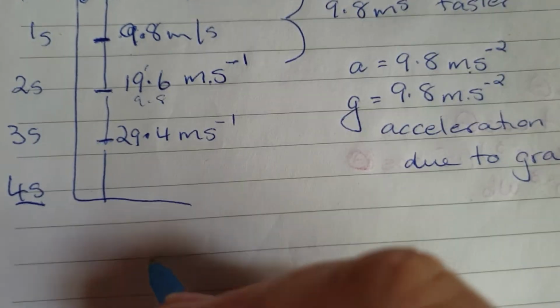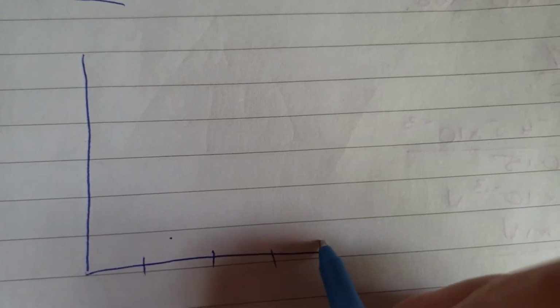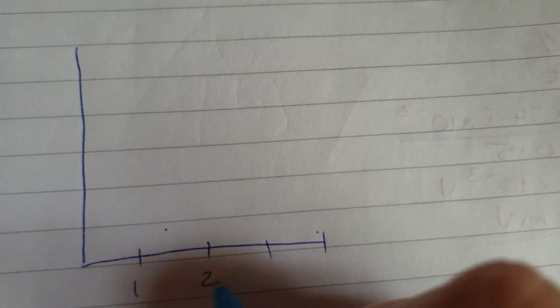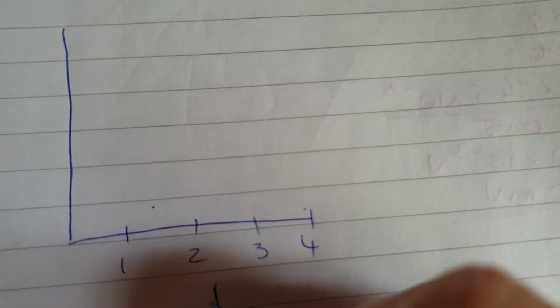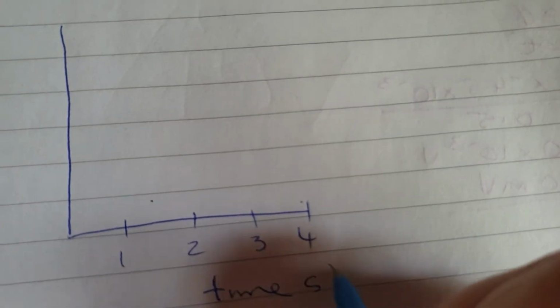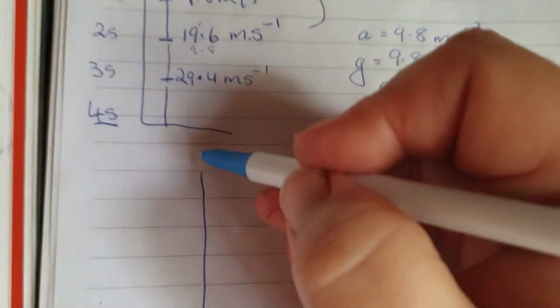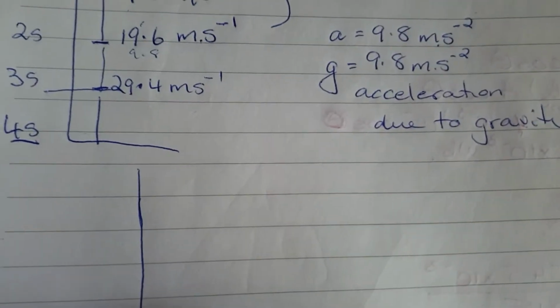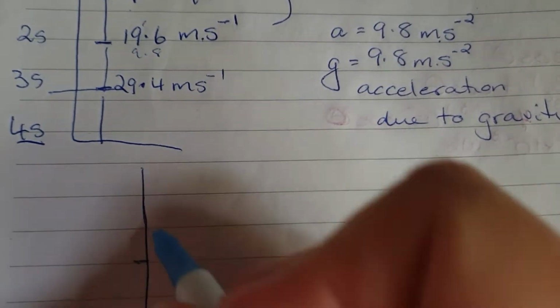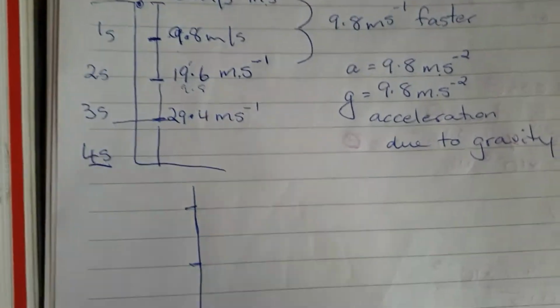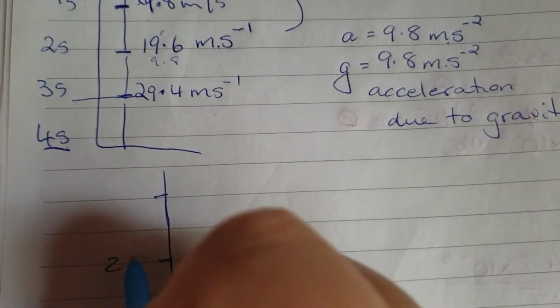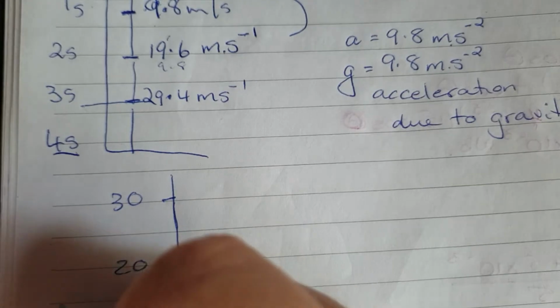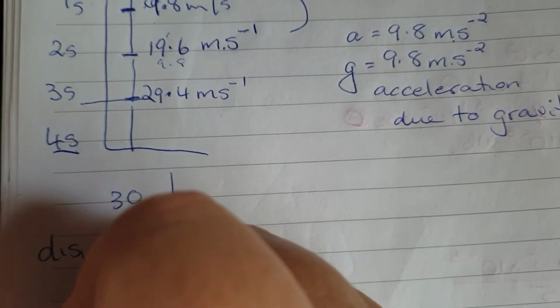Right, and if I was to graph that, 1, 2, 3, 4 seconds, and I'm only going to do 2 there. So I would have 1, 2, 3, 10, 20, 30 meters. This is my displacement.